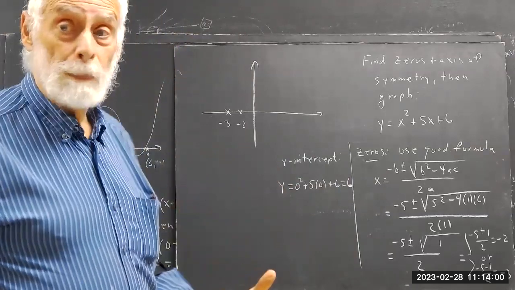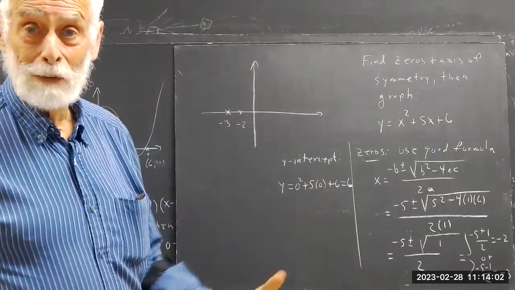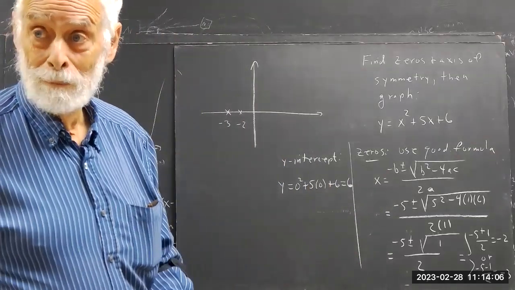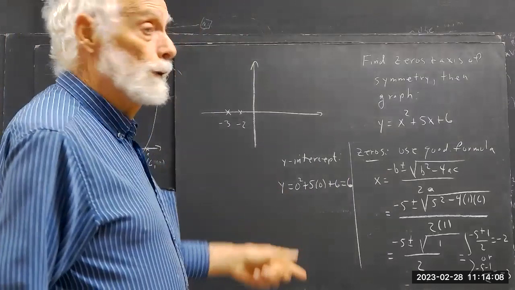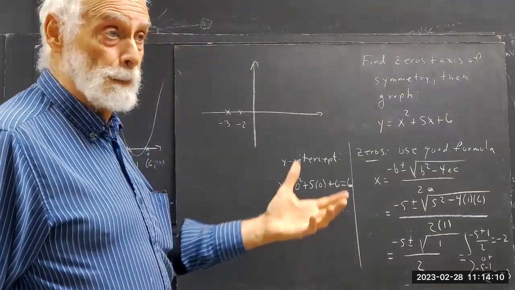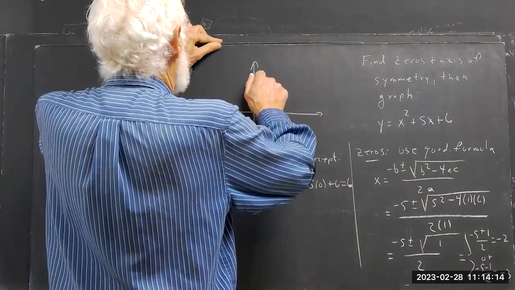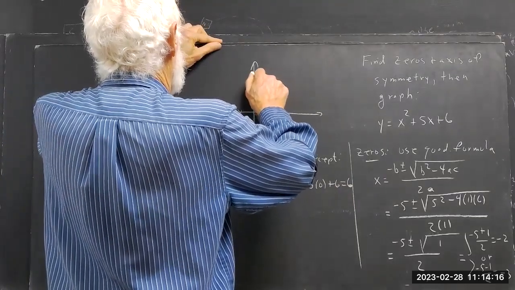If you haven't picked that up by now, after it's been repeated a dozen times or more, make sure you have it now. Okay. The y-intercept occurs when x equals 0. The x-intercept occurs when y equals 0. So we're going to have 6 up here, so I'll just put 6 up here.